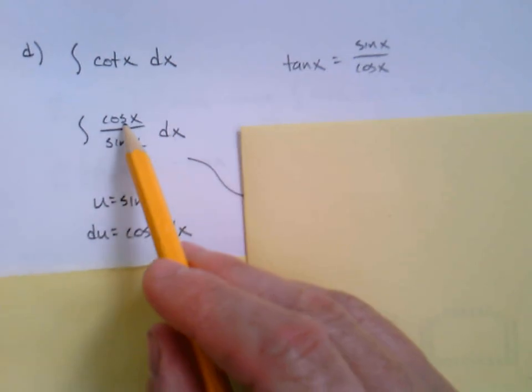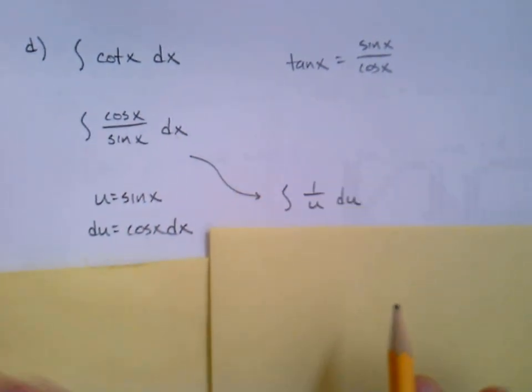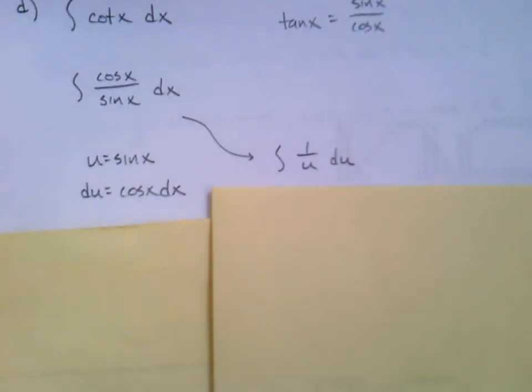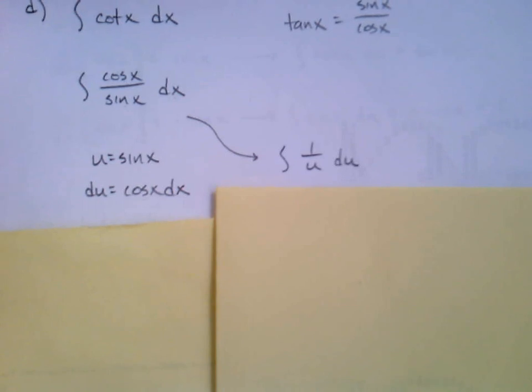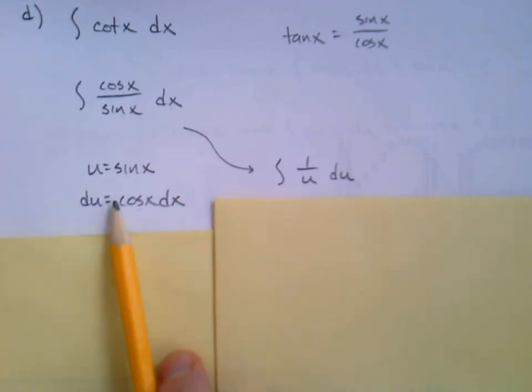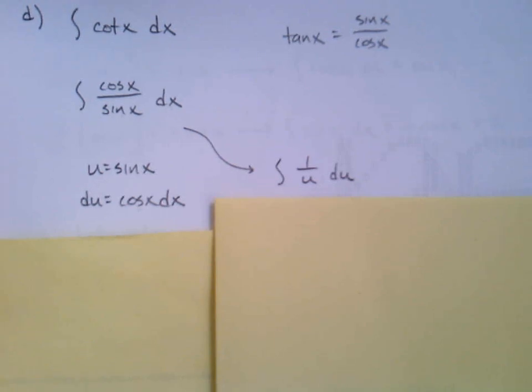So all of that becomes du, and I'm looking at 1 over sine x, so 1 over u du. And just to get this far, to notice this substitution, to be able to rewrite it this way, that's the whole problem. That's the difficult part.